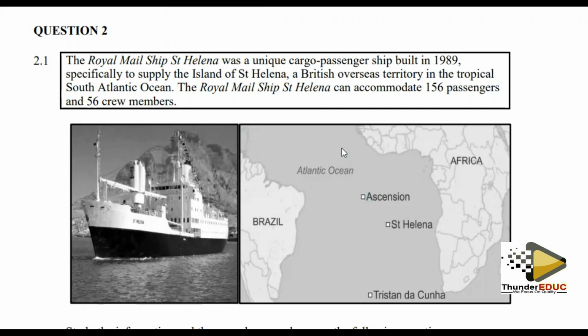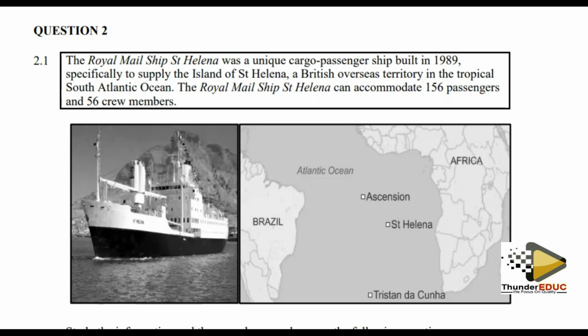PRELIM 2022. It says the Royal Mail ship St. Helena was a unique cargo passenger ship built in 1989, specifically to supply the island of St. Helena, a British overseas territory in the tropical South Atlantic Ocean. The Royal Mail ship St. Helena can accommodate 156 passengers and 56 crew members.